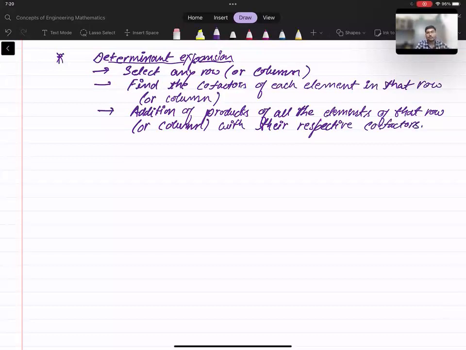Okay. So in this way, the determinant can be expanded.